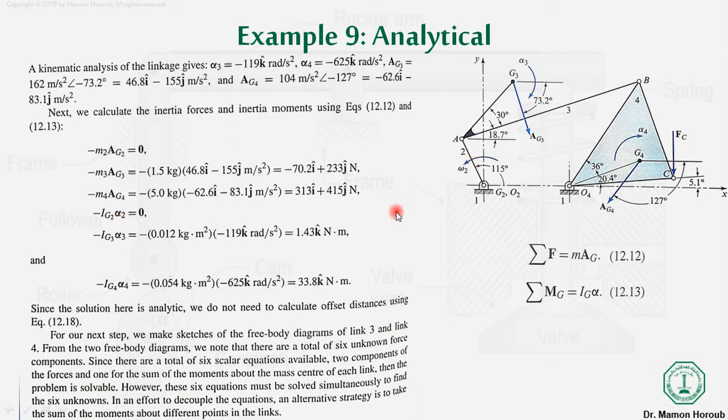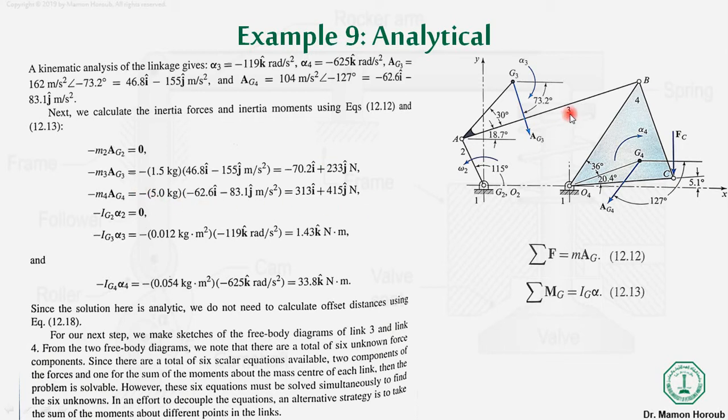Because it is rotating at a constant angular velocity, the angular acceleration will be equal to 0. So m2 ag2 will also be equal to 0. Similarly, if omega 2 is constant, alpha 2 will be equal to 0, so the inertial moment will also be equal to 0. This is the first thing.